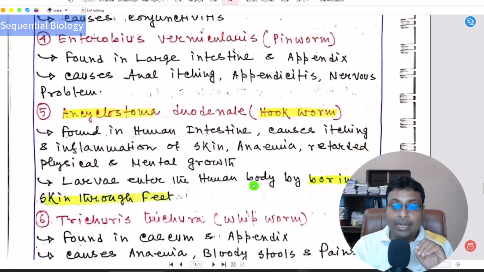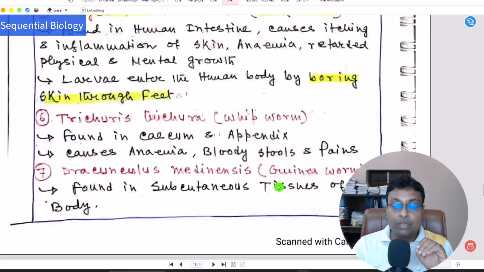The larvae enter the human body by boring through the skin of the feet. This is a very, very important point. The sixth important representative is Trichuris trichiura, which is also known as whipworm, found in the cecum and appendix and causes anemia, bloody stool and pains. And Dracunculus medinensis, which is also known as guinea worm, is found in the subcutaneous tissues of the body.